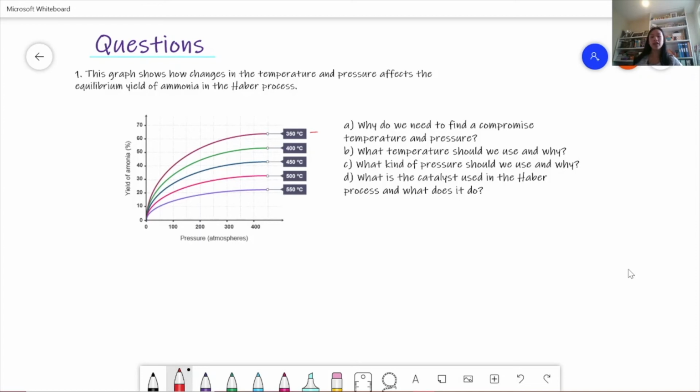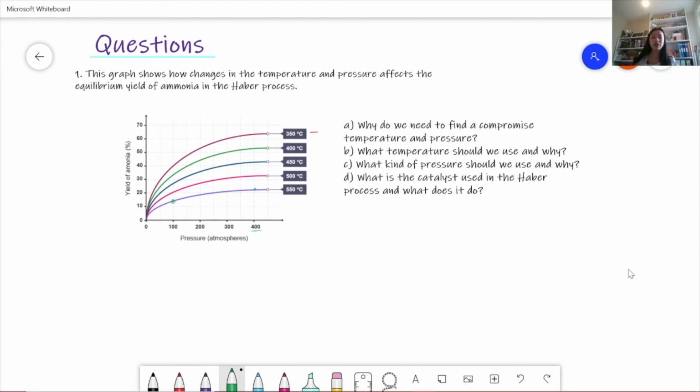And for pressure, if we look at the graph again, if we use a higher pressure, such as 400 atmospheres, we get a bigger yield of ammonia compared to if we use 100 atmospheres, just looking at this 550 degrees Celsius, because the yield is at about 12% for 100 atmospheres, and for 400 atmospheres, it's about 21%.